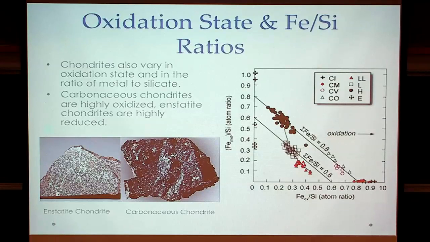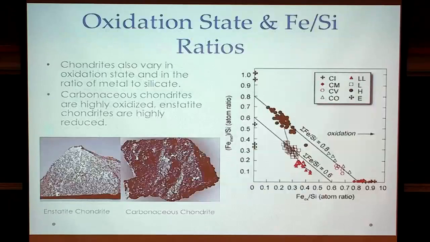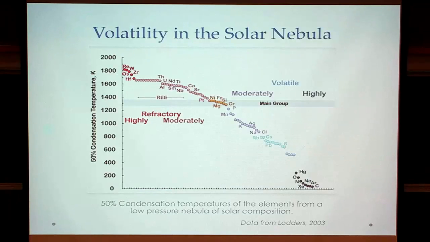Okay, the other way in which chondrites vary in their composition. Right, I guess I should go back here and say that chondrites vary. For example, some chondrites are much richer in refractory elements and much poorer in volatile elements than others.